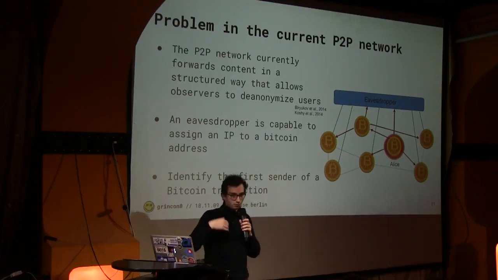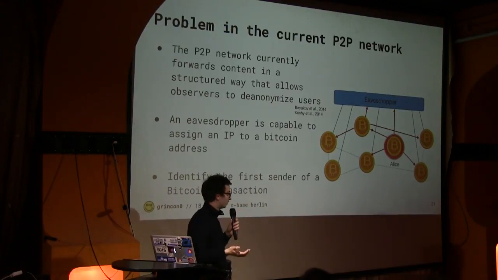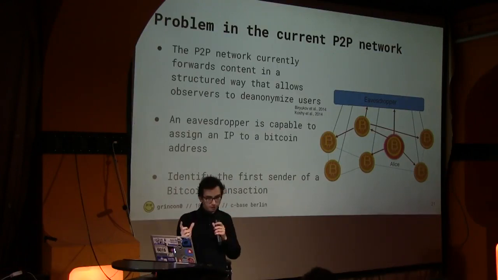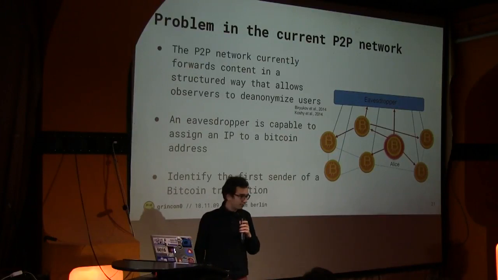You can connect to all the nodes and basically link transactions. So you can say, I think this guy is the sender of this transaction. So you can link an IP with a transaction, and you can even link an IP with Bitcoin addresses, which is really bad for privacy.